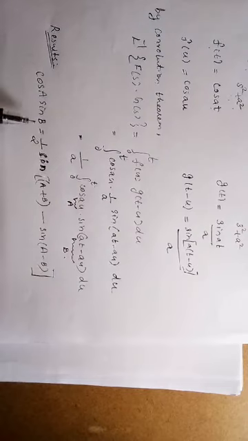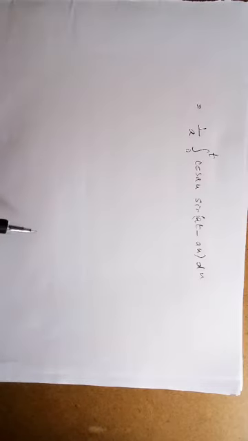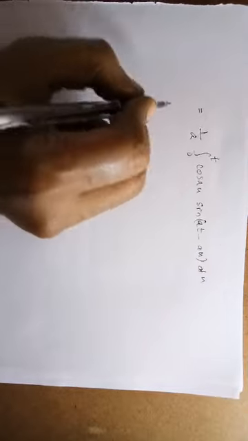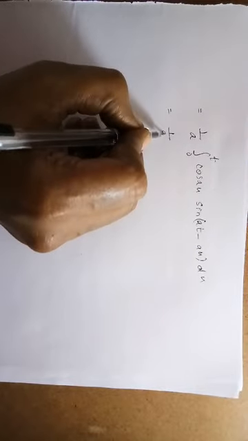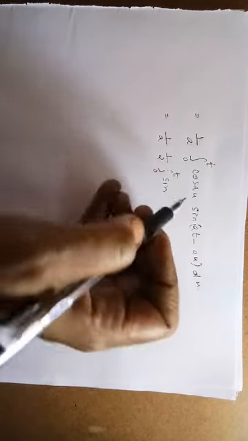What is the theorem? This one: cos a sin b equals 1 by 2 of sin(a plus b) minus sin(a minus b). So here 1 by a, 1 by 2, integral 0 to t sin(a plus b).